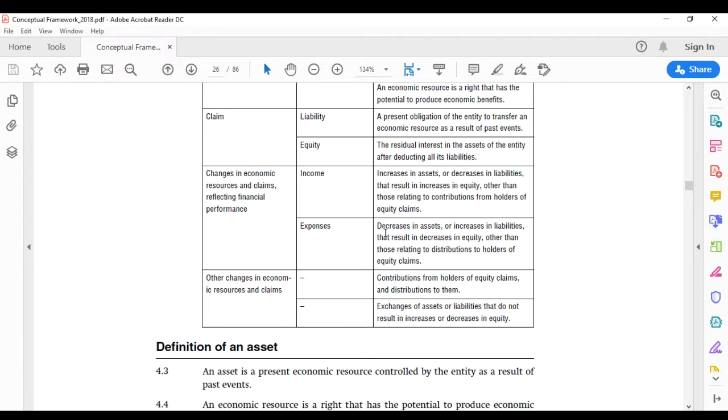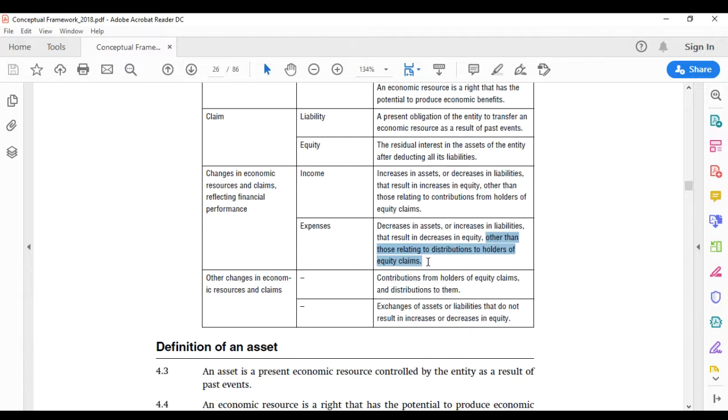Expenses is almost like the mirror image. An expense will be a decrease in assets, so it's going to decrease your assets, or again, it's not an and, it's an or, it's an increase in liabilities. Yes, that will result in decreases in equity. So the equity is now going to become less because of that expense, but your equity does not decrease because you are distributing a dividend.